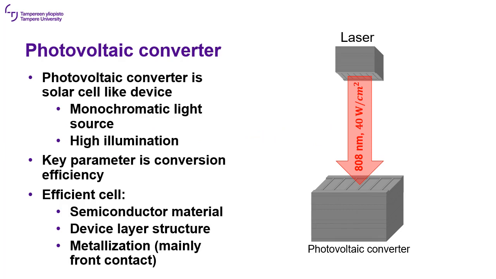So, a photovoltaic converter is a solar cell-like device which is optimized to convert monochromatic light, such as laser light, to electrical energy. These devices often operate with high illumination and also uneven illumination profiles.